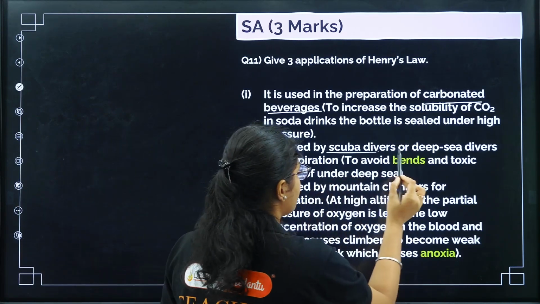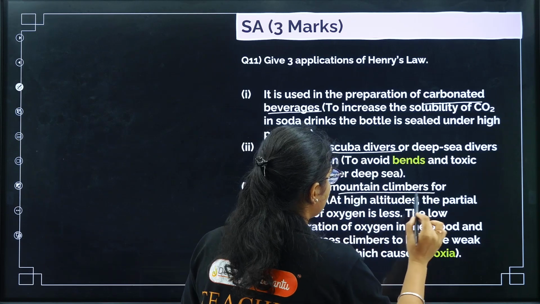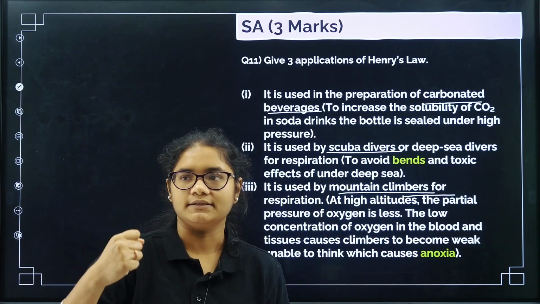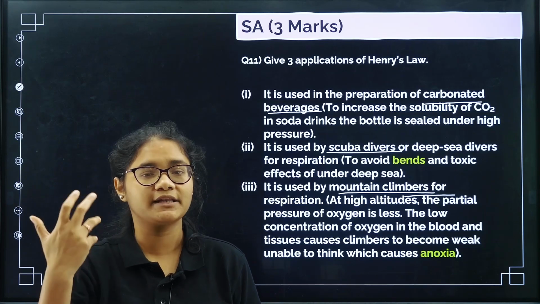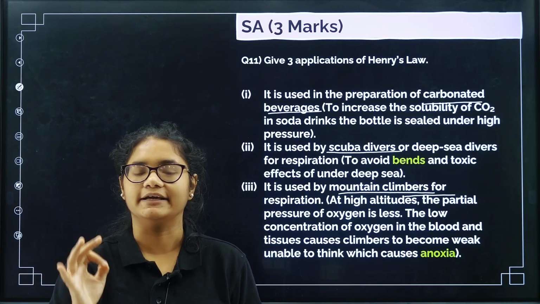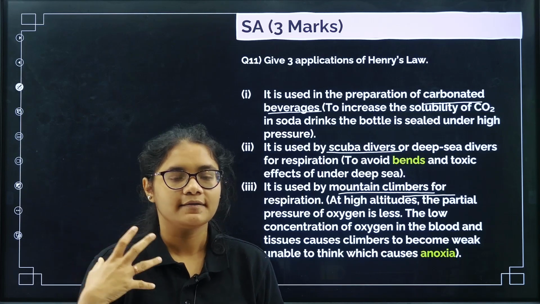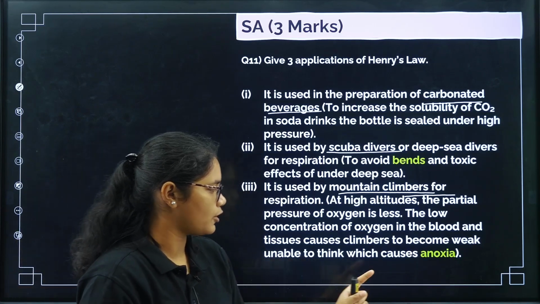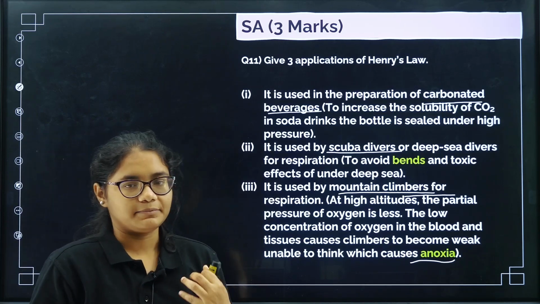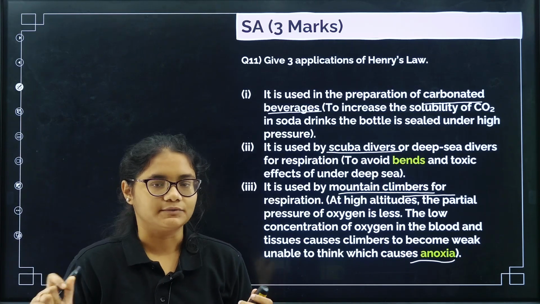Next, for scuba divers, and then you have to remember that at higher altitudes, for mountain climbers, the atmospheric pressure decreases, so the solubility of oxygen in the blood decreases, and as a result there is a medical condition called anoxia. So these are the 3 applications of Henry's law that you must remember.